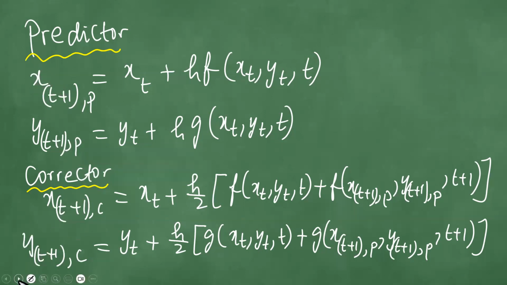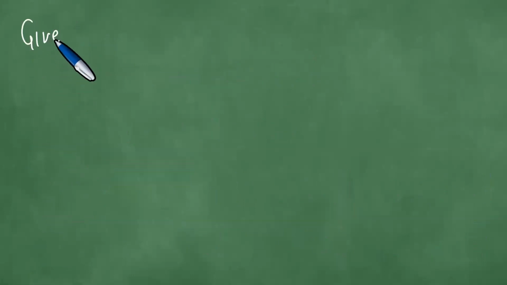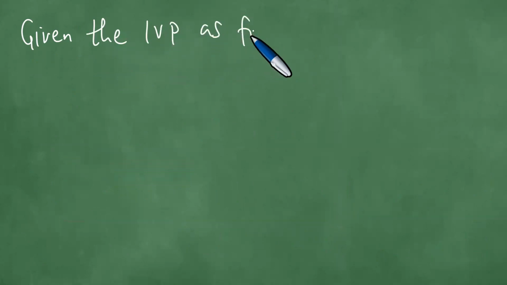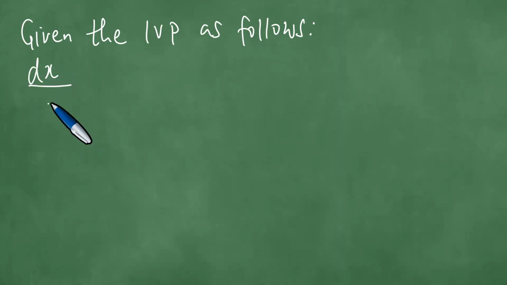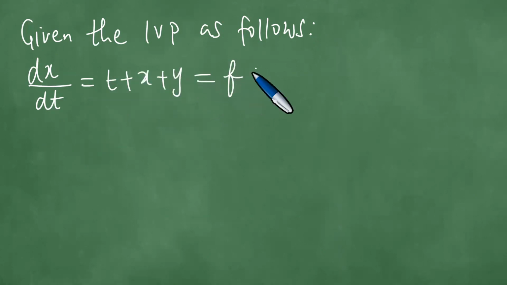Now we have been given the initial value problem, the IVP, as follows: dx/dt equals t plus x plus y, and this is a function of x, y, and t.